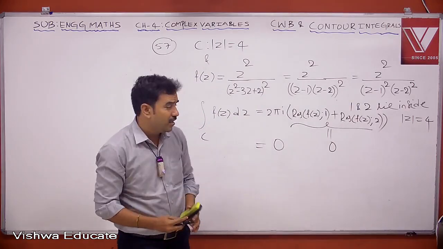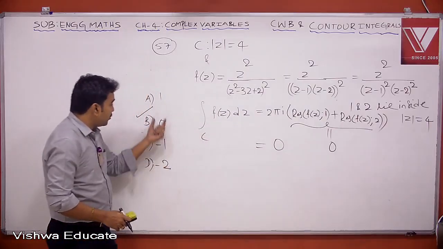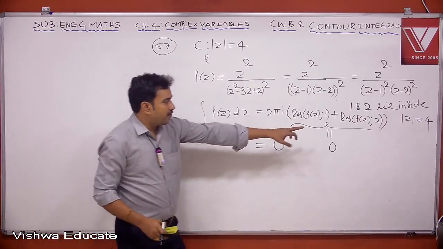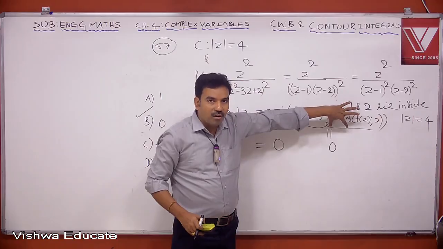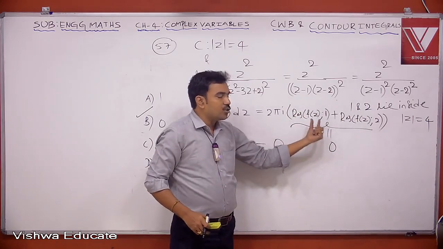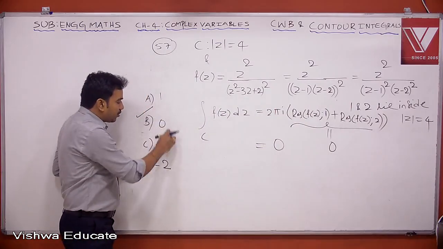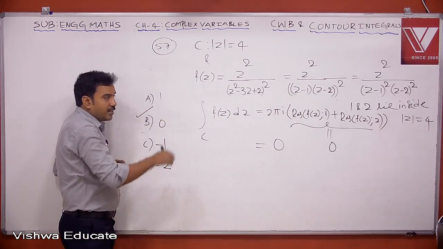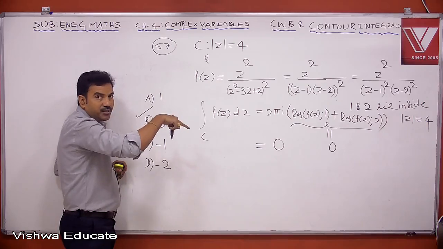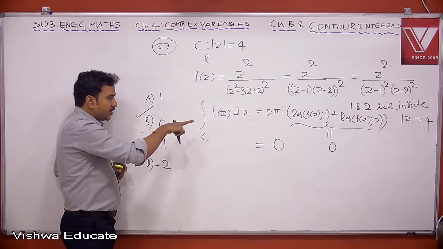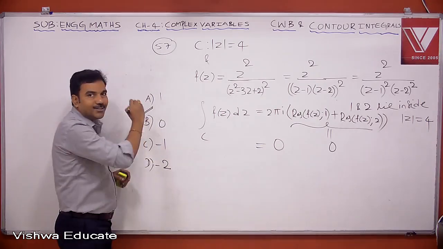It takes some time, but this can be solved using the options. If the sum of residues is a non-zero constant, then 2 pi i into a non-zero constant must be a multiple of pi i. There is no option which is a multiple of pi i. So therefore the sum of residues must be 0. So therefore the answer is 2 pi i into 0. It is 0.